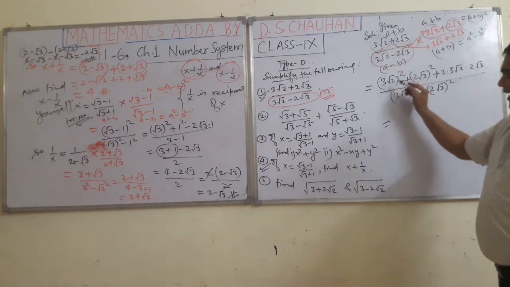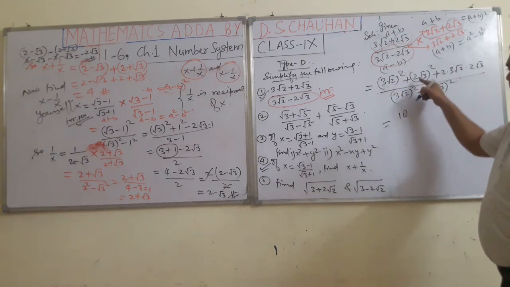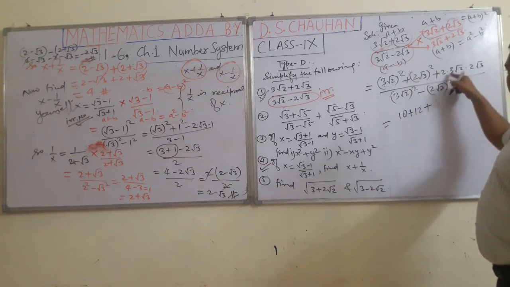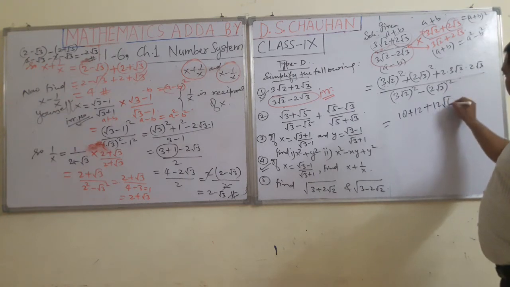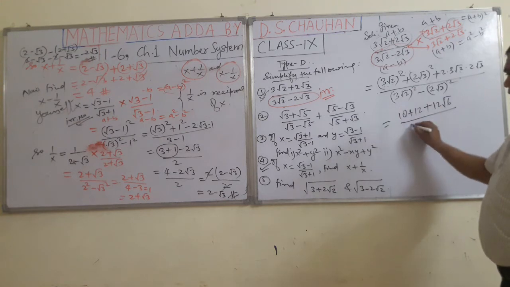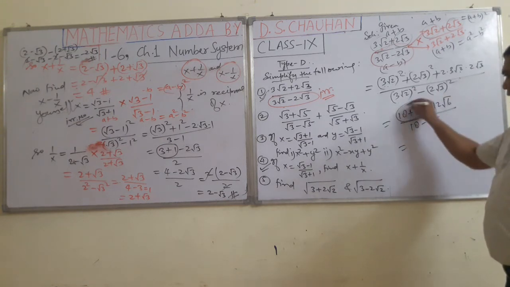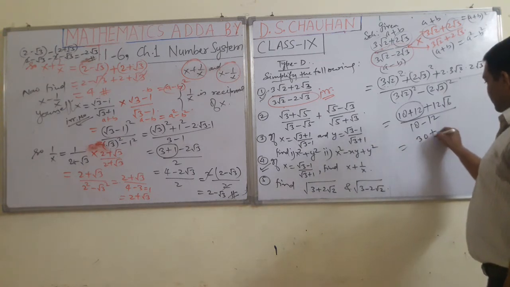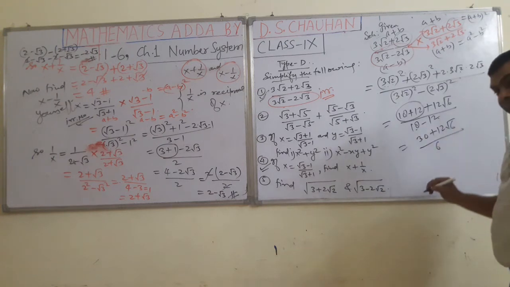Square of 3 is 9, square of √2 is 2, 9 times 2 is 18. Then 2 squared is 4, times 3 is 12. The middle term: 2 times 3 is 6, times 2 is 12, √2 times √3 is √6. The denominator is 18 minus 12. Simplify: 18 plus 12 is 30. So it is (30 + 12√6)/(18 − 12), which is 6.